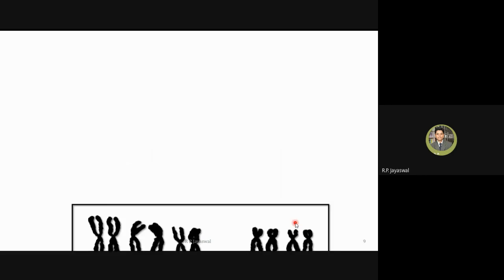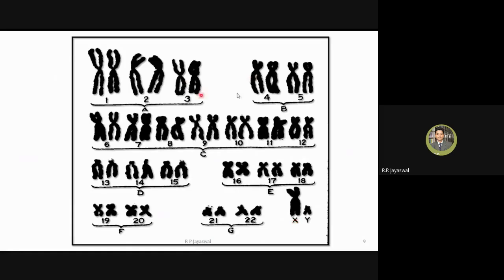You can see here, 1, 2, 3, 4, 5, 6, 7 till 20, we have A group, B group, C group, D group, E group, F, and G group. And the XY sex chromosome is not placed in any of the groups, it is kept separately here.